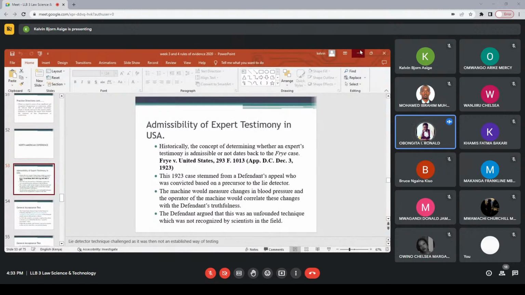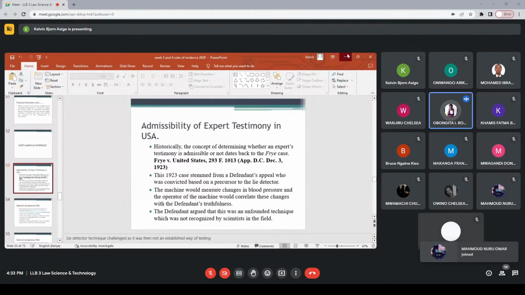Section 48, subsections 1 and 2. And section 49, which I'll read specifically, talks about facts bearing upon opinions of experts. It says that facts not otherwise admissible are admissible if they support or are inconsistent with the opinions of experts when such opinions are admissible.